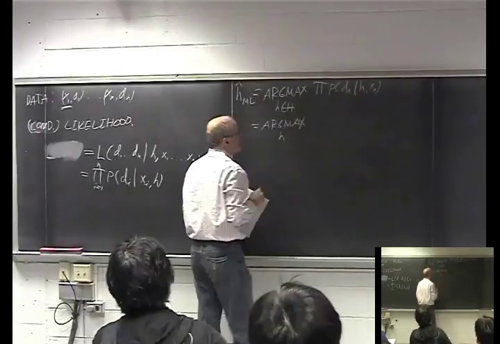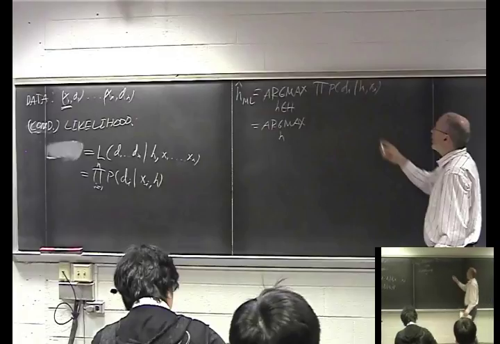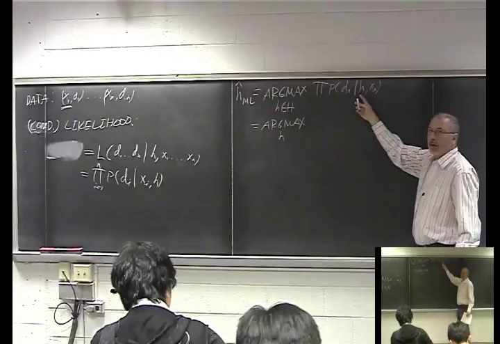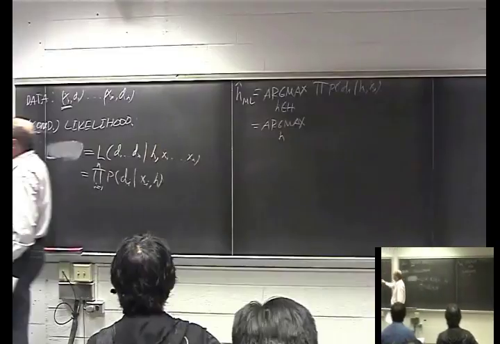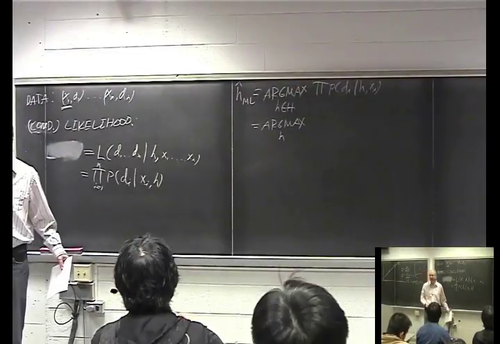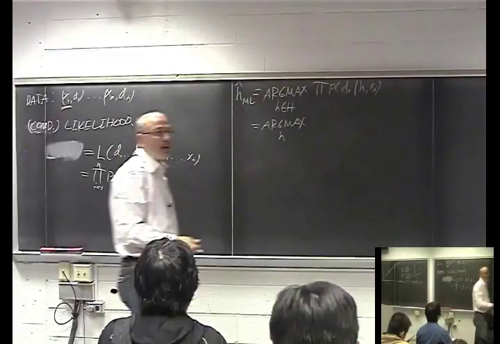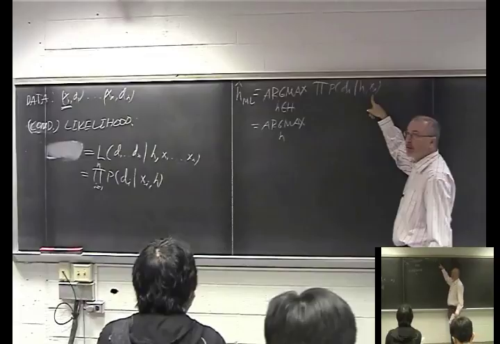Max. Now, if we're given an H, that determines our f, our function f, right? H is the function f. It's a set of all functions that we're considering. So it determines a particular function f, and we have the x.